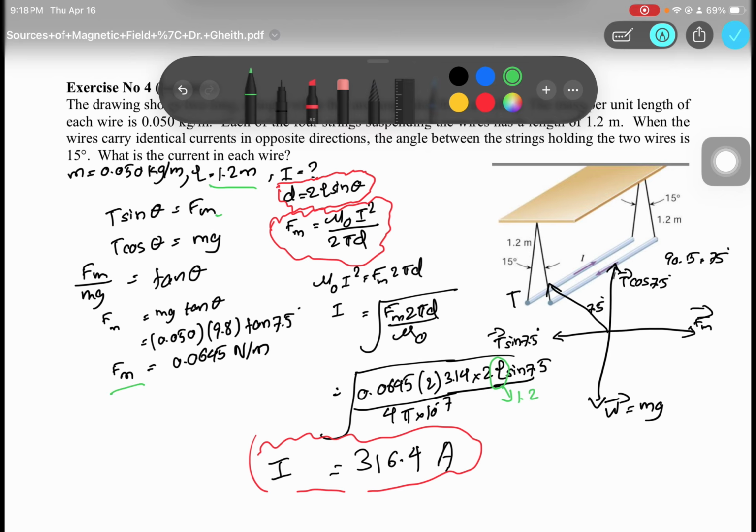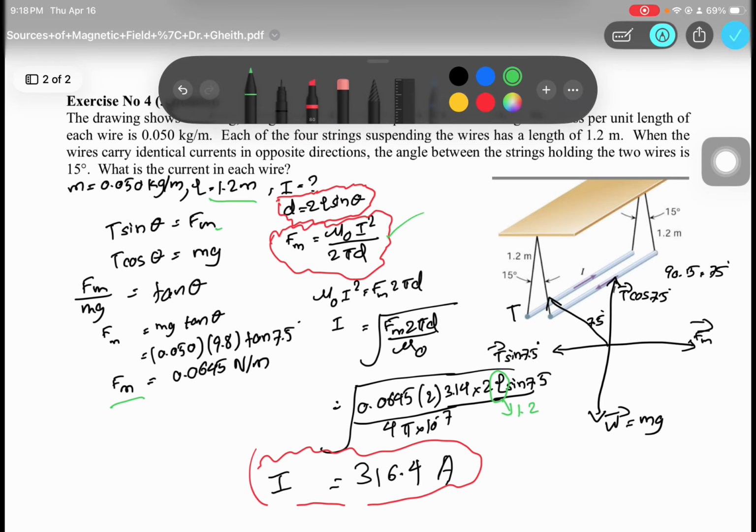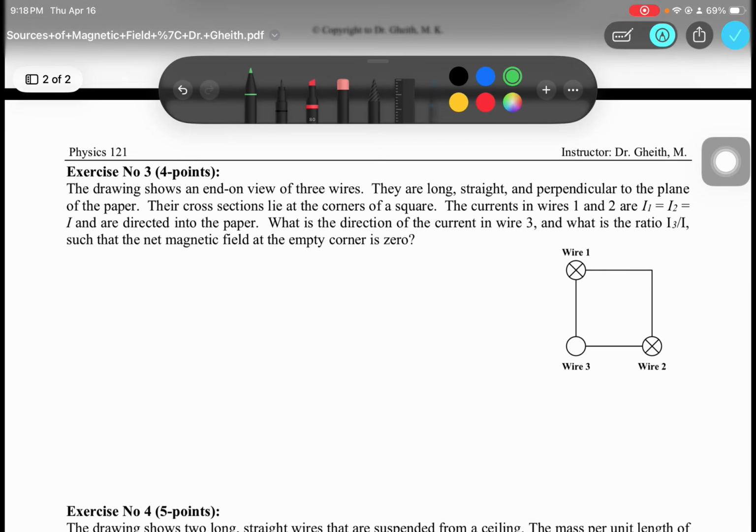Second, we use d equal to 2L sine theta. And we also use the second formula, Fm is equal to mu naught I squared by 2 pi d. Okay, and we find I. That's it.